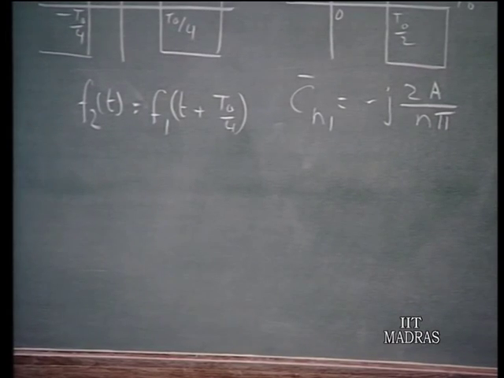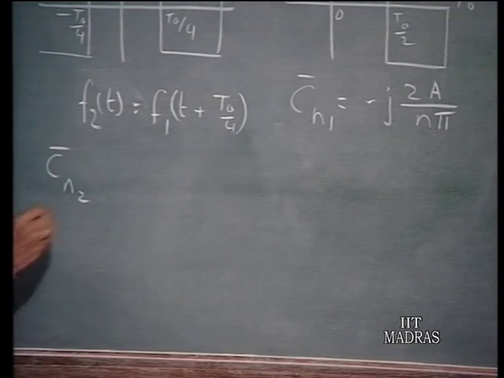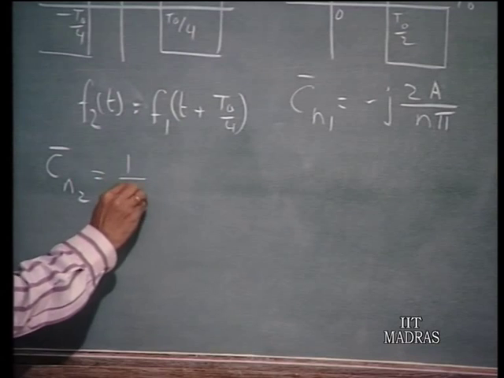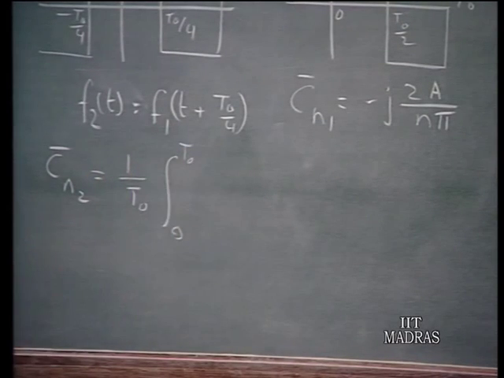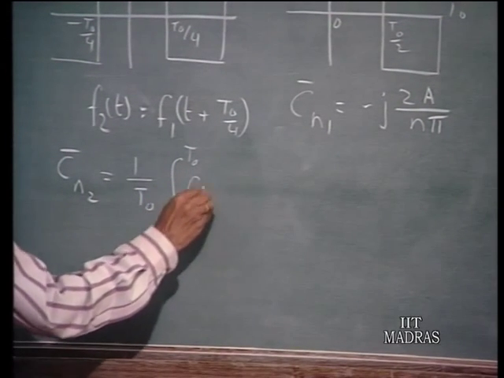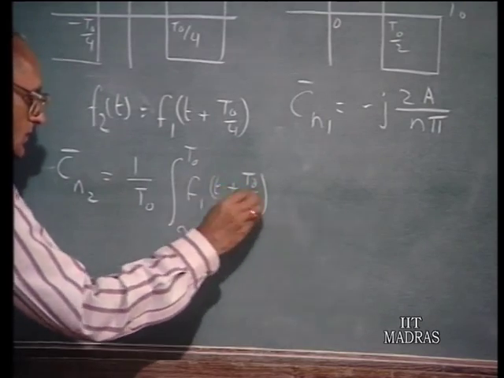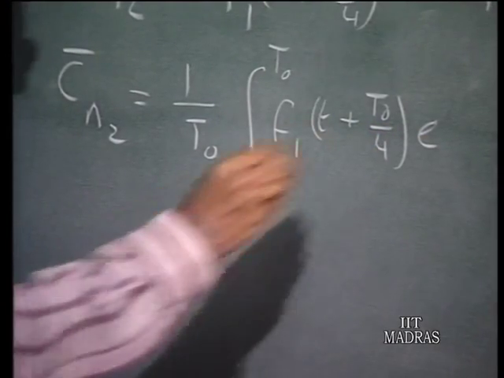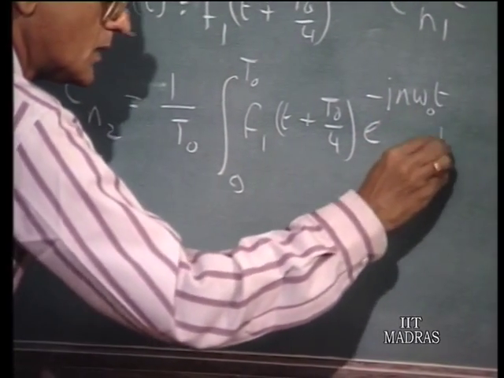Cn2, the Fourier coefficient for f2 of t, will therefore be 1 over t naught, integral from 0 to t naught of f2 of t, which is f1 of t plus t naught upon 4, times e power minus j n omega naught t dt.